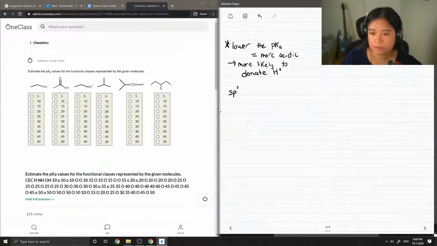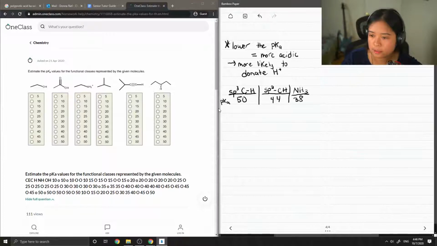So let's say for the functional group that contains an sp3 hybridized carbon, it typically has a pKa of around 50. Next, for sp2 hybridized carbons, its value is around 44. Amine groups, 38.